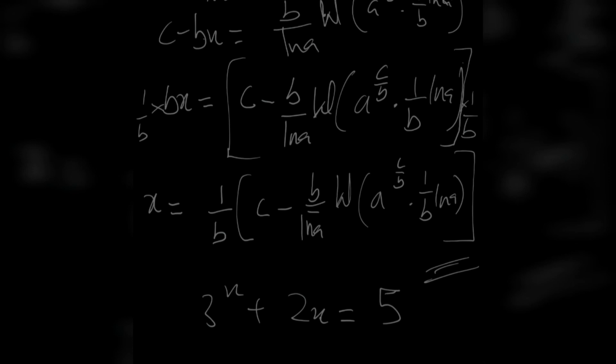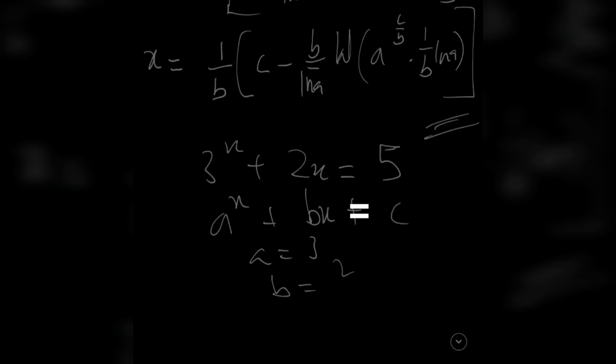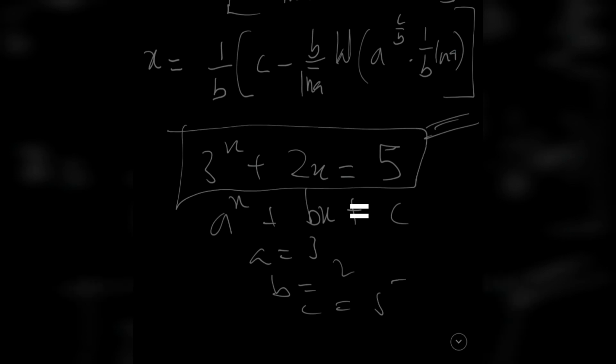But if you are asked to solve it, because you've already found a general solution for any equation in this form, you compare: a is equal to 3, b is equal to 2, and c is equal to 5. So we just put in the values and then you get your final answer. But if you have to solve this problem in general, you have to go through all of the steps.